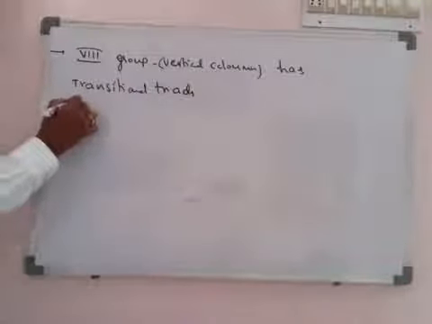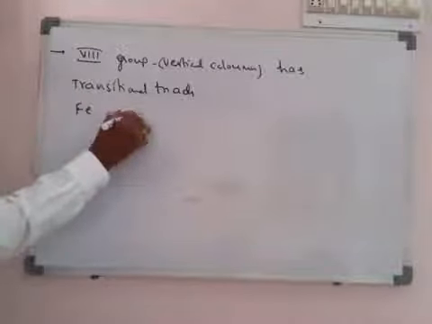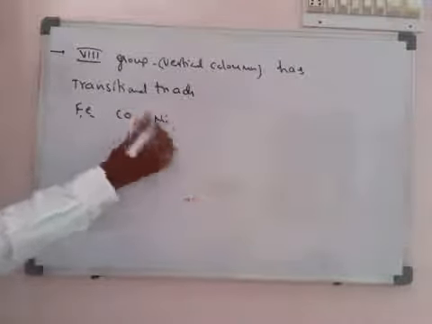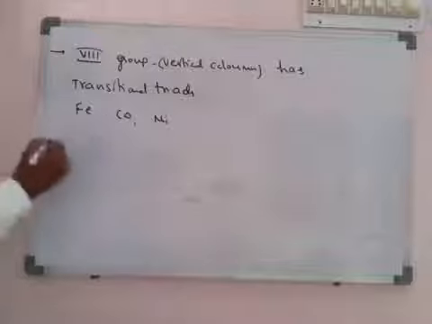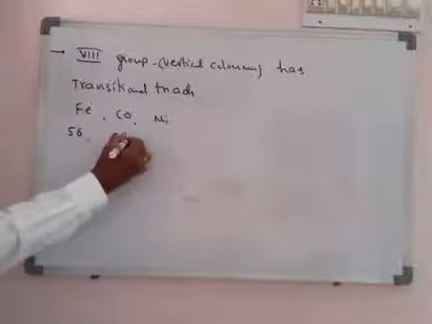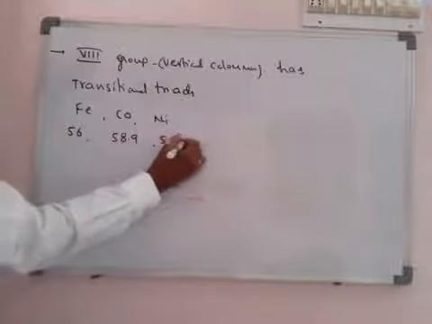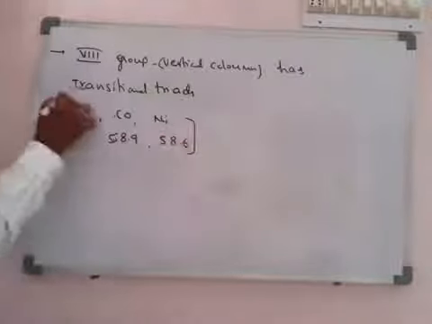Transitional triads means iron, cobalt, nickel. So why was it not divided? Because they have similar atomic weights: approximately 56, 58.9, approximately 59. This is one transitional triad.